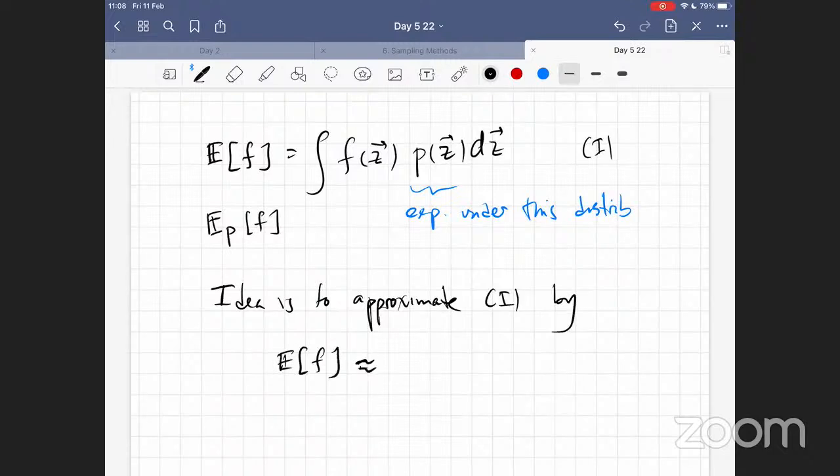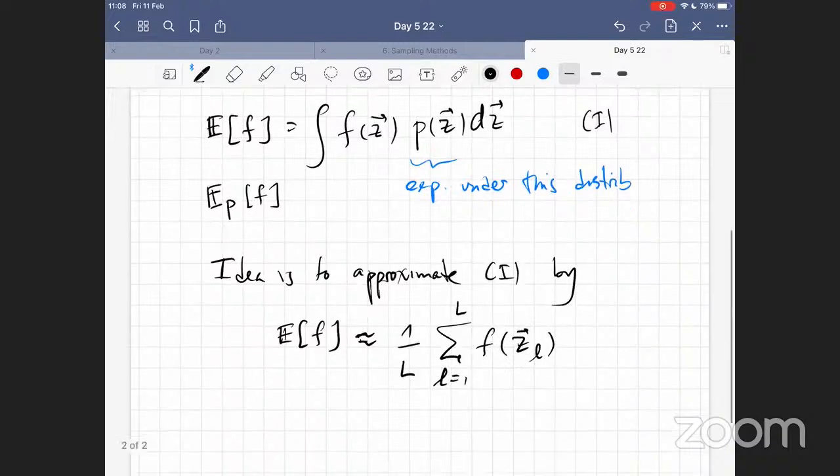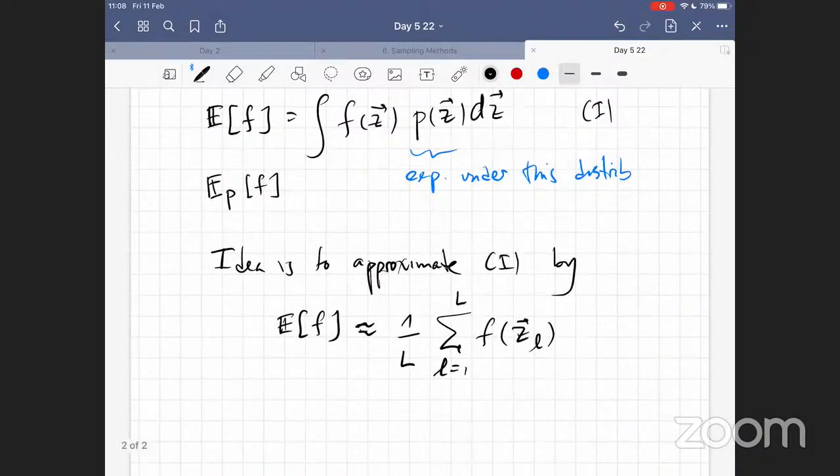This is approximately equal to an average of the function evaluated at arguments which are samples from its distribution.